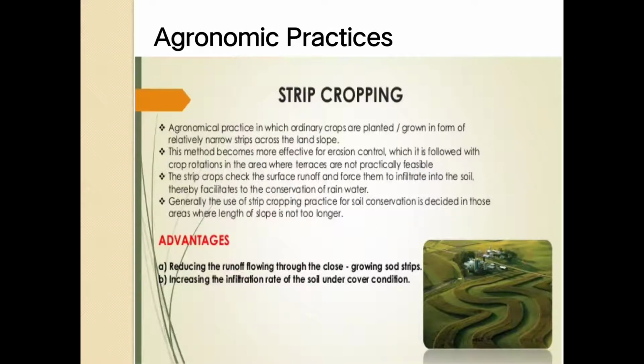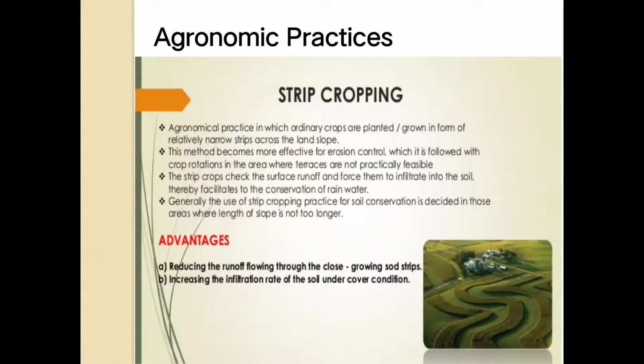Generally, the use of strip cropping for soil conservation is decided in those areas where the length of slope is not too long. In these areas, strip cropping is mostly practiced.